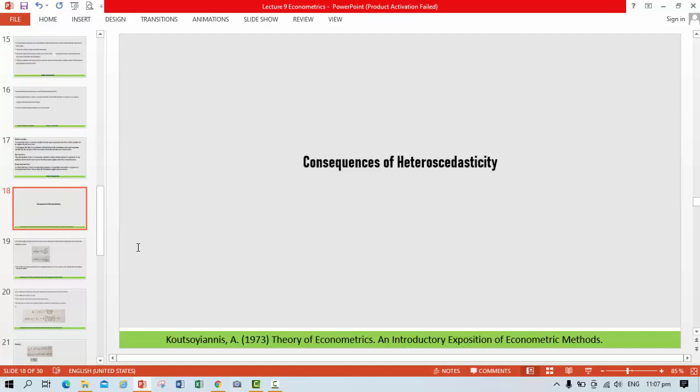Now, a question arises: if the model is heteroskedastic, then what is wrong with us? What will be the problems? What will be the issues faced by a researcher if there is heteroskedasticity in the model?